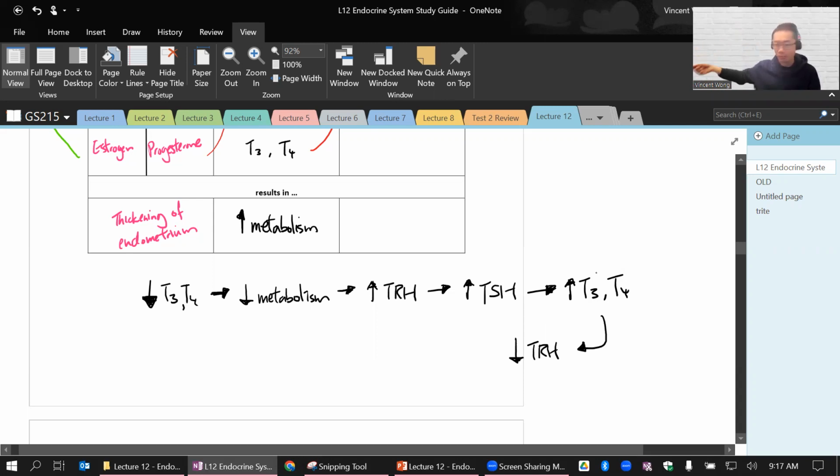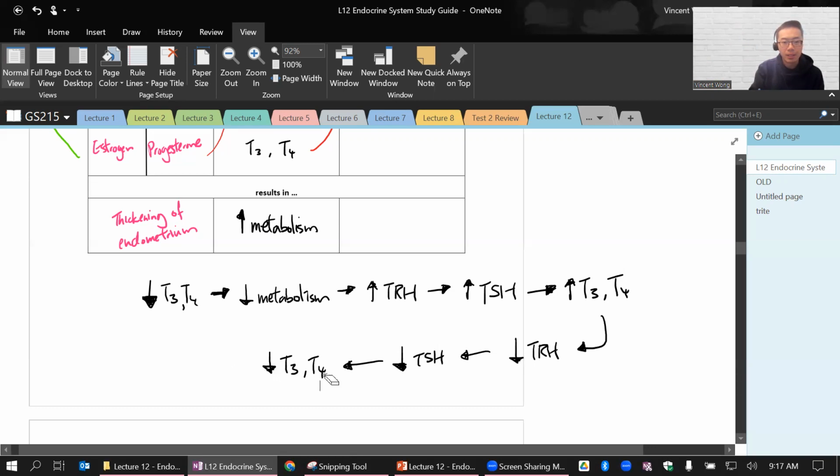You don't need to keep on running the furnace, right? So you lower down the TRH, and if you lower the TRH, then you're gonna lower TSH, right? And when you lower TSH, what happens is you will lower the stimulation on the thyroid, decreasing T3, T4.